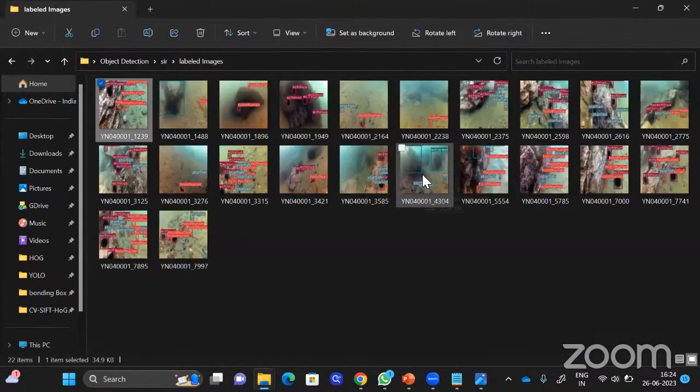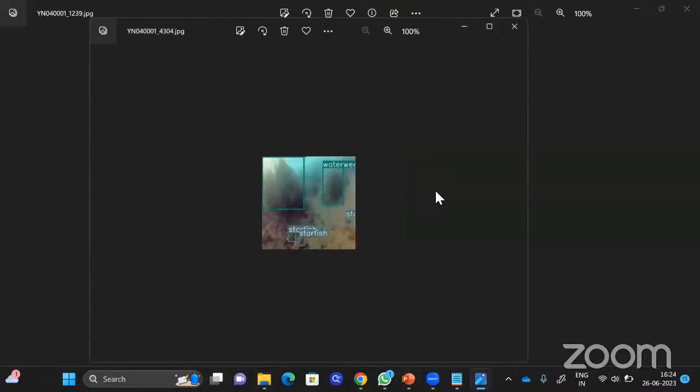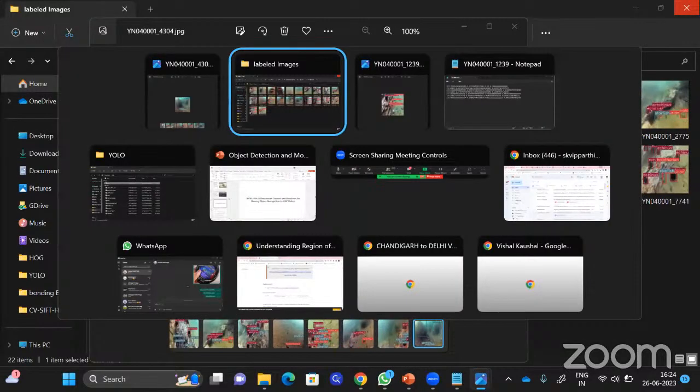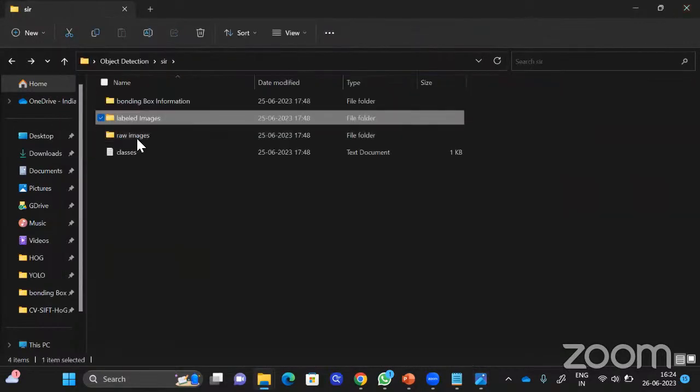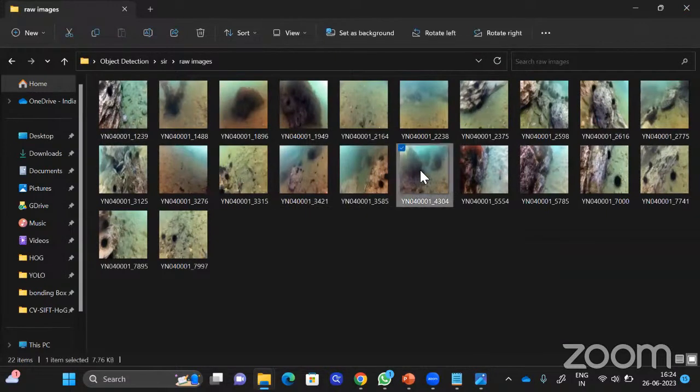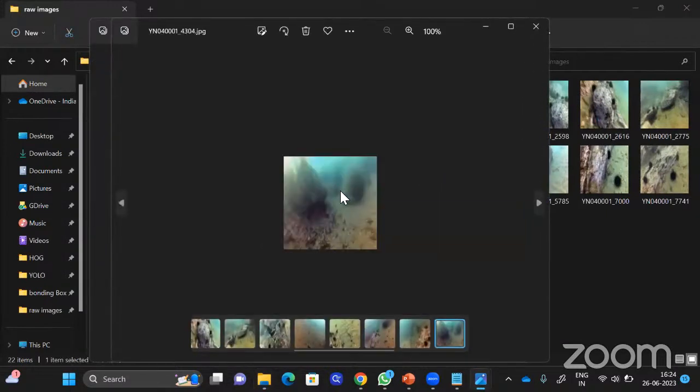Let's see some images that look good. Yes, starfish 4304. This is the image with starfish. Let me show you the original image, 4304. Yes, this is the original image.